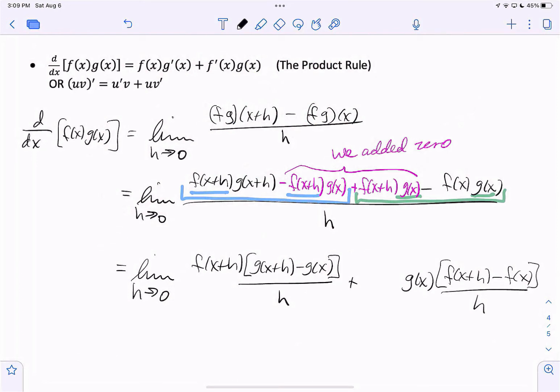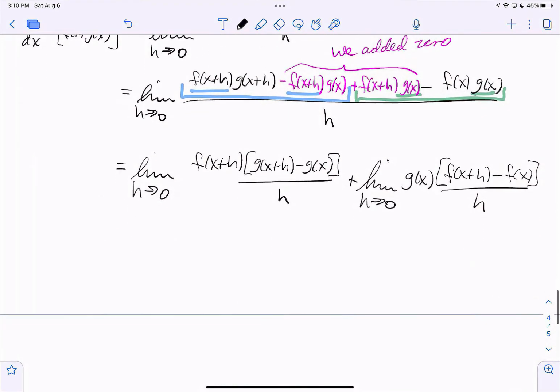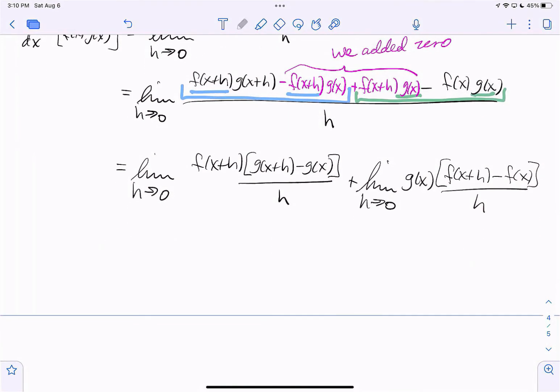Now I could take the limit of the whole thing, but remember we have a property of limits that says that a limit of a sum is the sum of the limits. And so I'm going to write down the limit as h approaches 0 over there. Now, as h approaches 0, f of x plus h becomes f of x. And what's left? The limit as h approaches 0 of g of x plus h minus g of x over h.